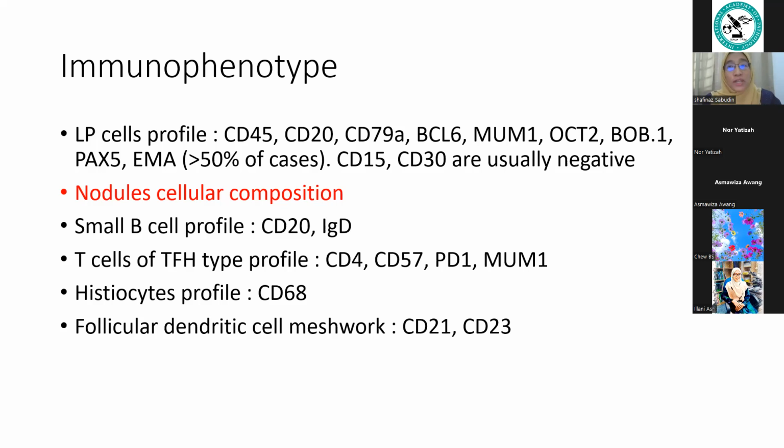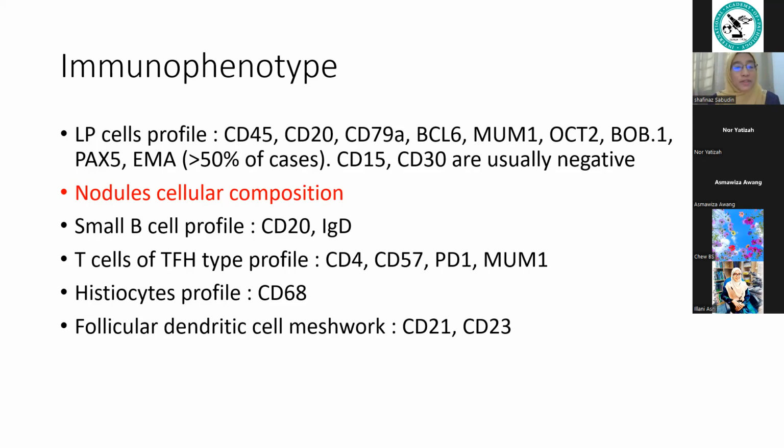The nodular cellular composition, the small B cell profile, they are of B cell phenotype as well. So they usually will pick up all the B cell markers and also IgD. They are of mantle cell origin. And the T cells, which I mentioned, of the T follicular helper type profile, so they will be expressing T cell markers, especially CD4, and also T follicular helper markers, which are CD57 and PD1.